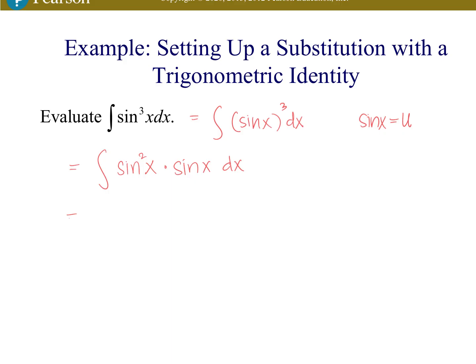So I can do another swap, and I can put in 1 minus cos squared of x times sine of x dx. This is more helpful because now I have both a sine and a cosine present.